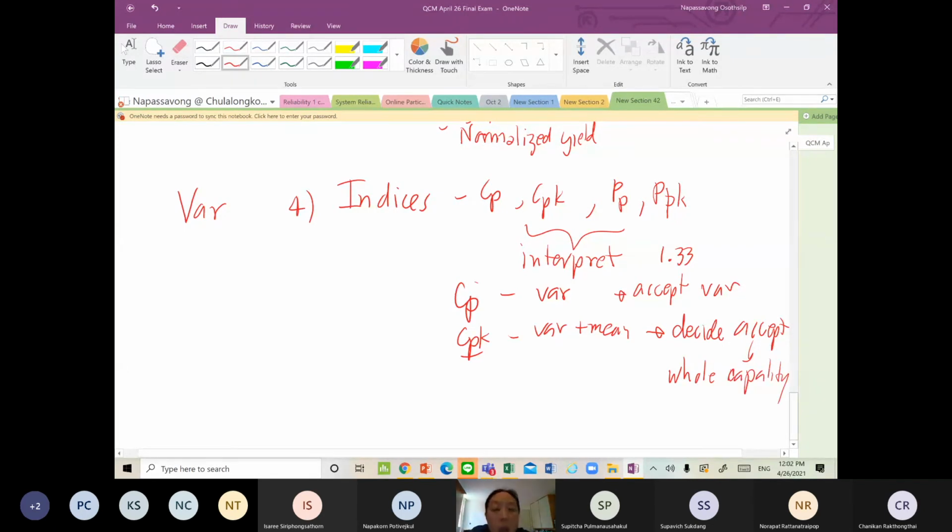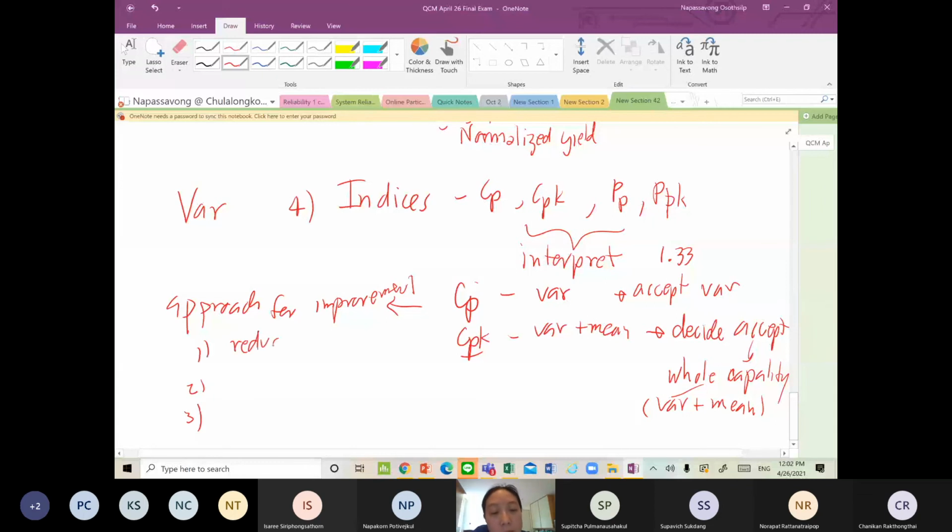And then you should tell the approach for improvement. For improvement, we have three approaches. The first is to reduce only variation, but it is not necessary to adjust the mean.